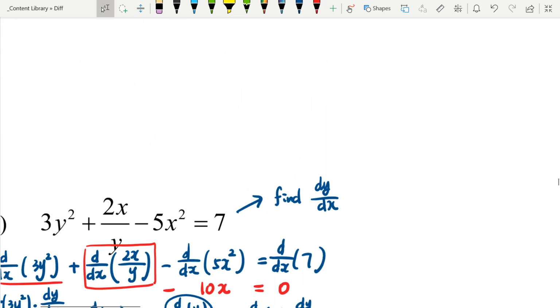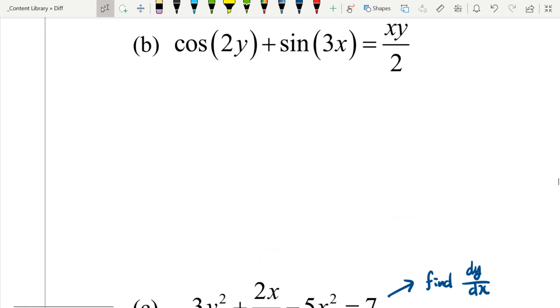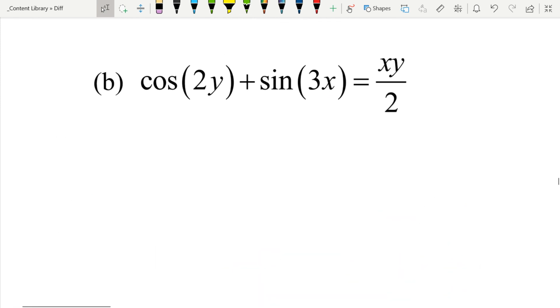All right, now we try another one. Let's try this one. Okay, so do not think about d, dy, those kind of things. We differentiate as normal. Now we want to diff cosine. What will cosine become? Minus sign.